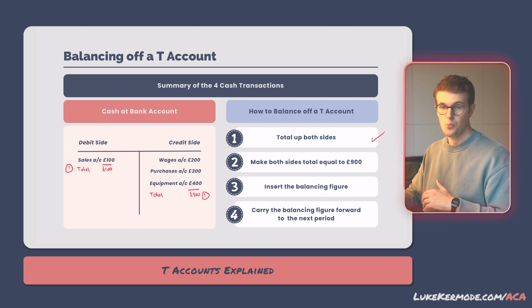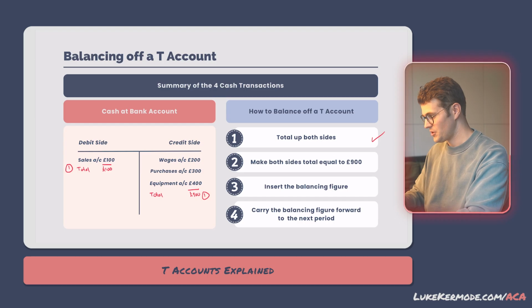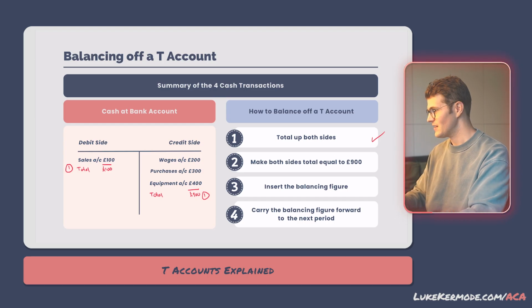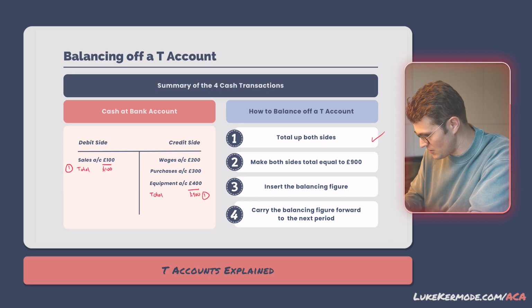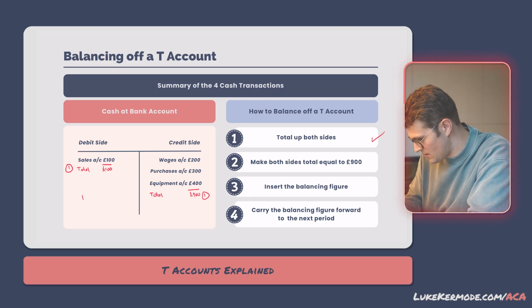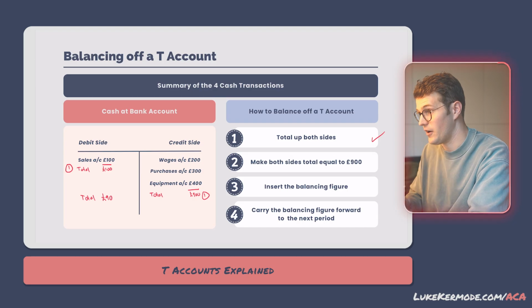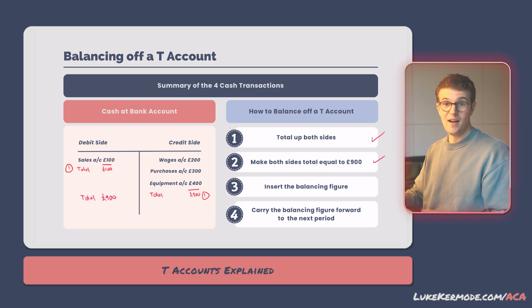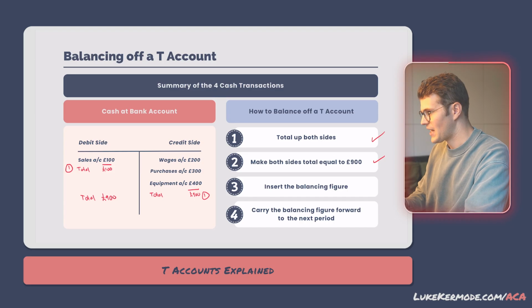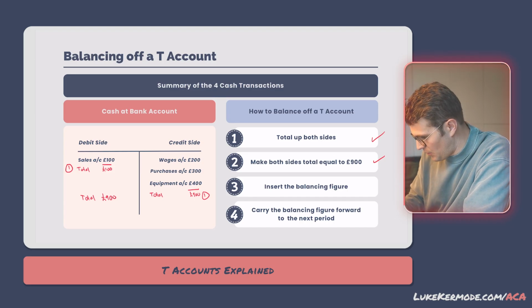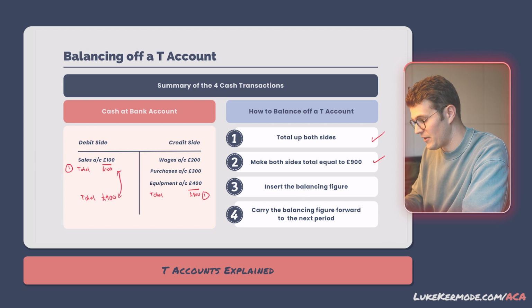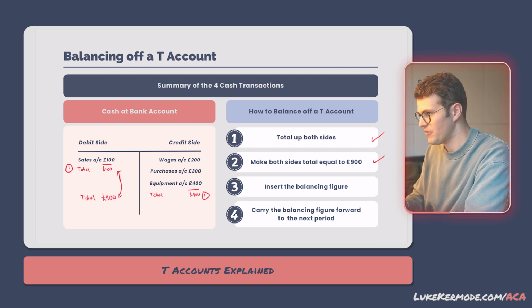Step 2, we need to make both sides equal. So we need both sides to show the same total of £900 so that the T account balances. So to do that, we need to ensure that the debit side equals £900. To do that, we insert a balancing figure called the balance carried down, and that's equal to the difference between the £900 that we need and the £100 that we have.